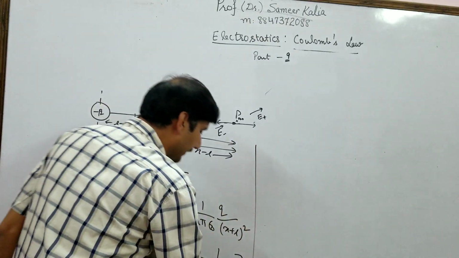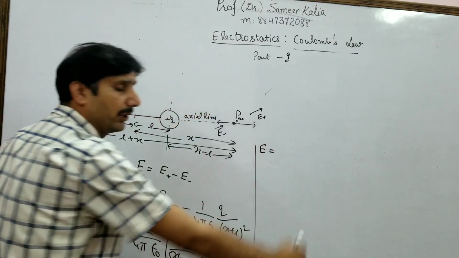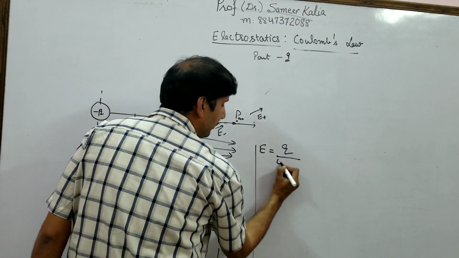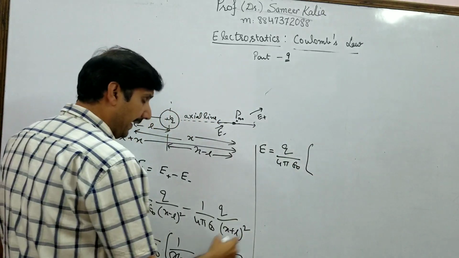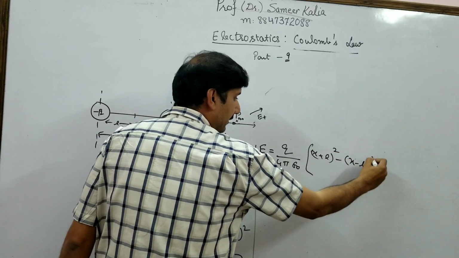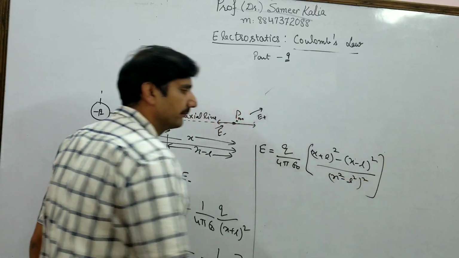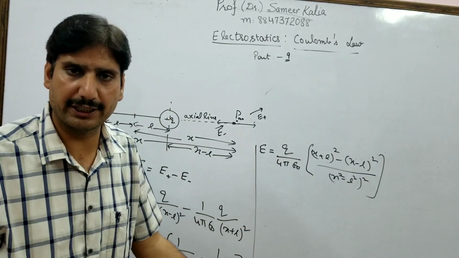I can further simplify it. Simple algebra. Total electric field at point P, which is lying on the axial line, is given as Q by 4 pi epsilon naught, X plus L whole square minus X minus L whole square divided by X square minus L square whole square. I know A plus B whole square minus A minus B whole square would be 4AB.